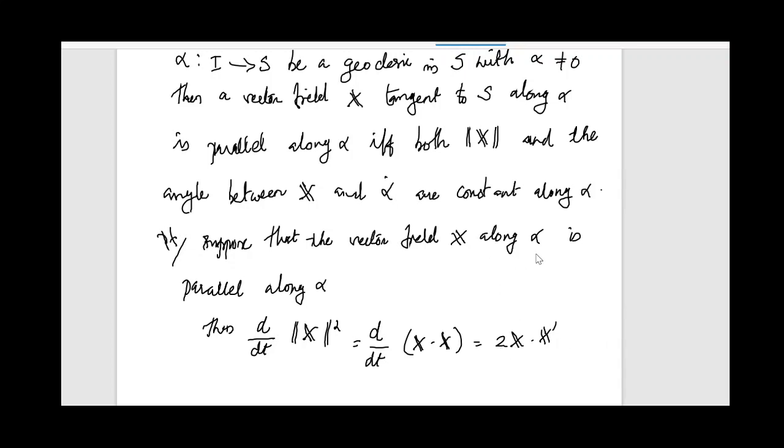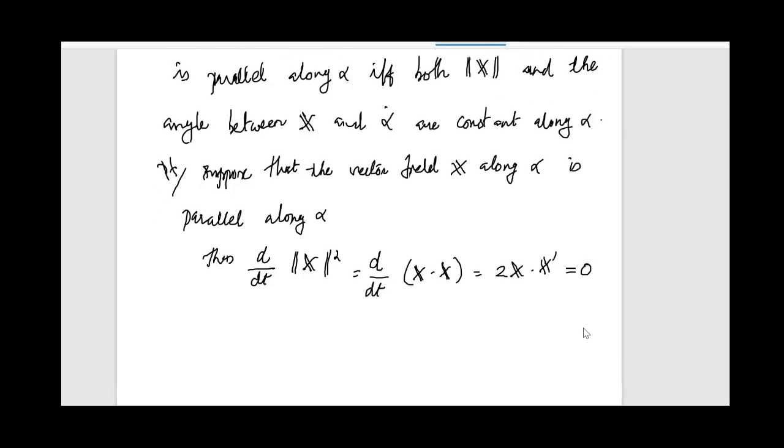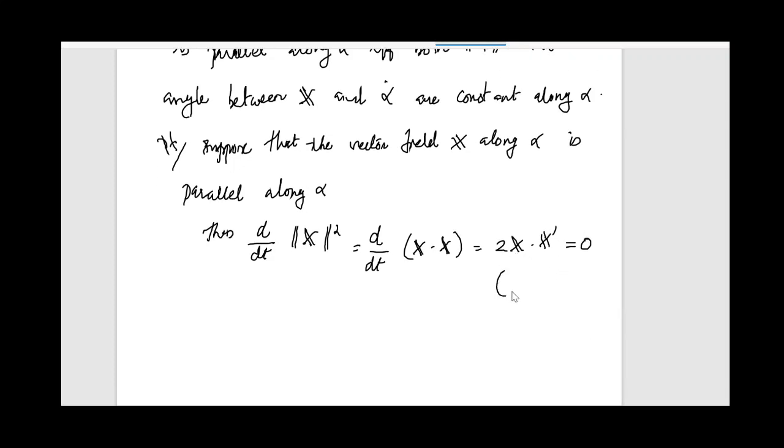Since X is parallel along alpha, X dash should be equal to 0, so this value is 0. This implies the norm of X is constant along alpha.